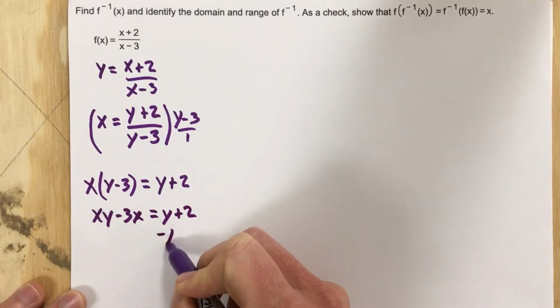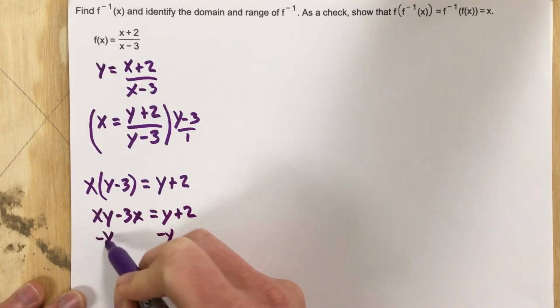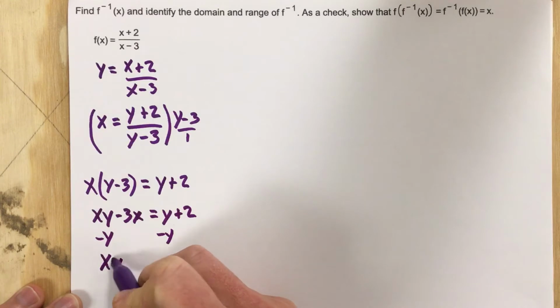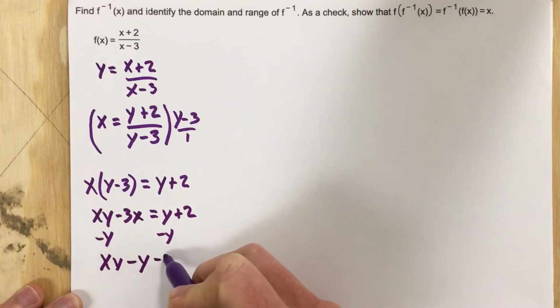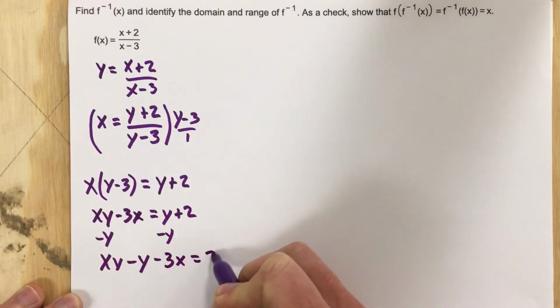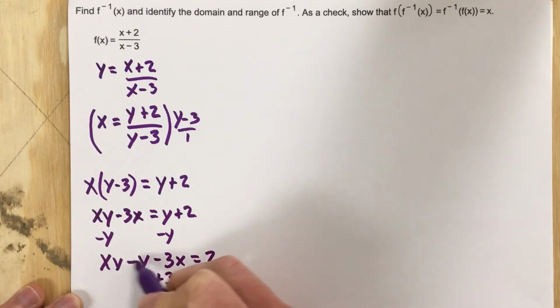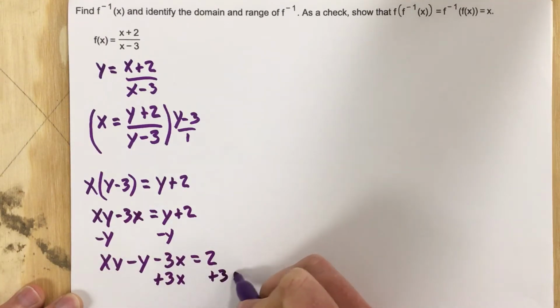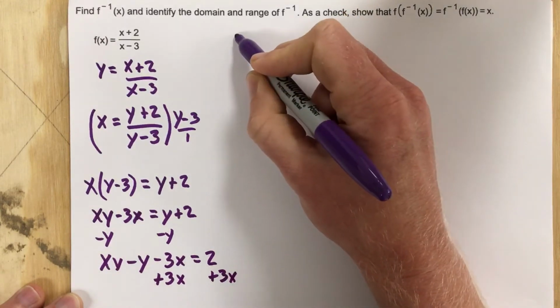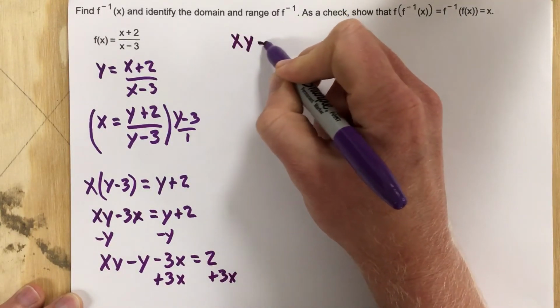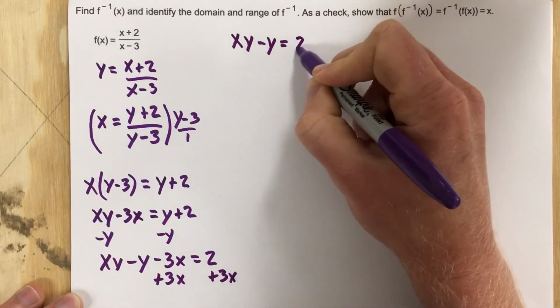I'm going to subtract y to this side. I get xy minus y minus 3x equals 2. I'm going to add the 3x to the other side so I can isolate this y over here. And I end up with xy minus y equals 2 plus 3x.